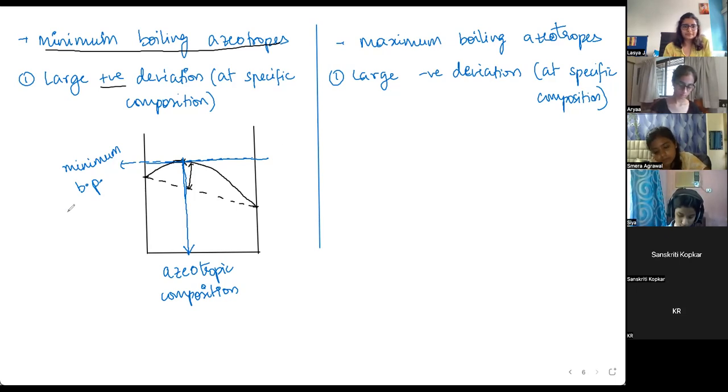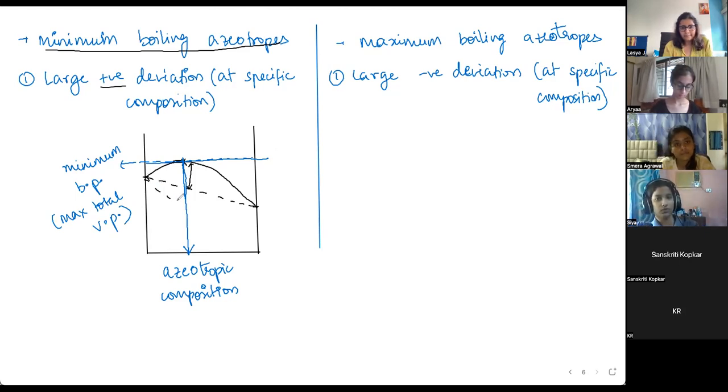So that is the minimum boiling point. So it's a minimum boiling azeotrope. Graph. Let's complete it again. The same thing.